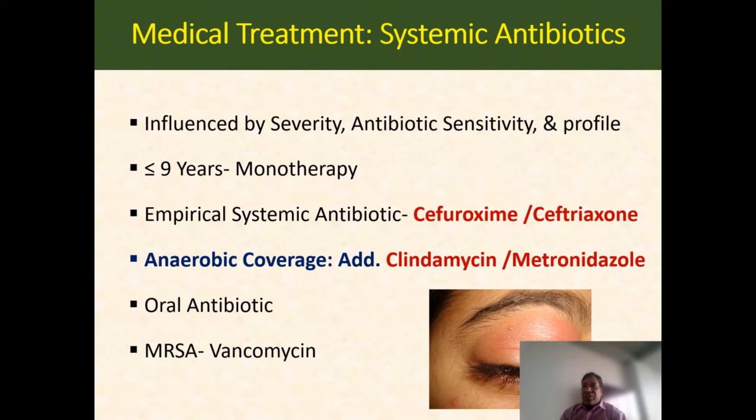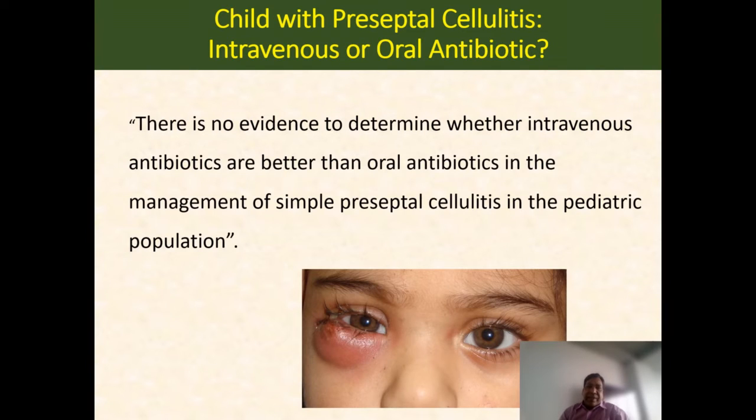Gram-negative coverage should also be included in all patients with trauma-associated orbital cellulitis. There is no evidence to determine whether intravenous antibiotics are better than oral antibiotics in the management of simple preseptal cellulitis in the pediatric population.